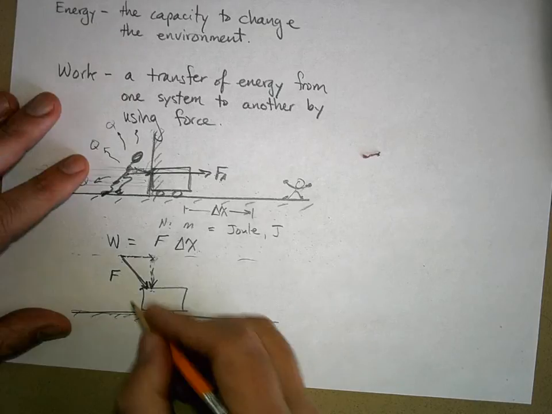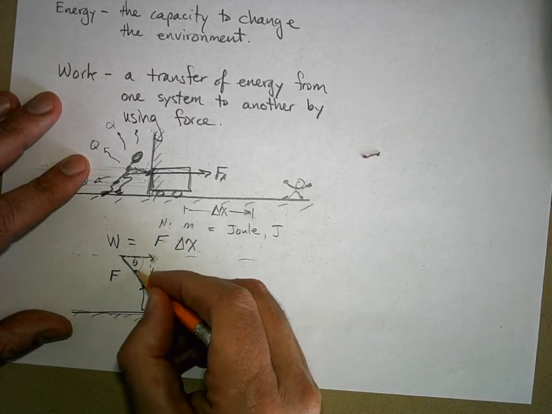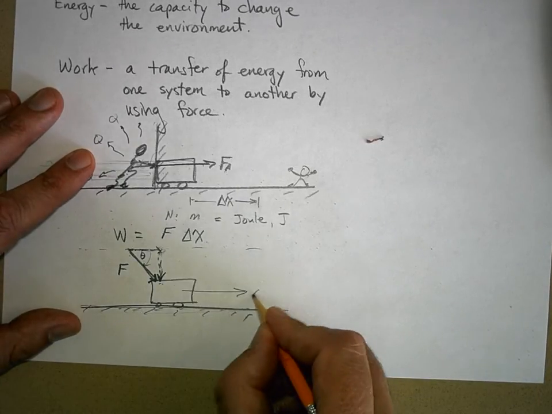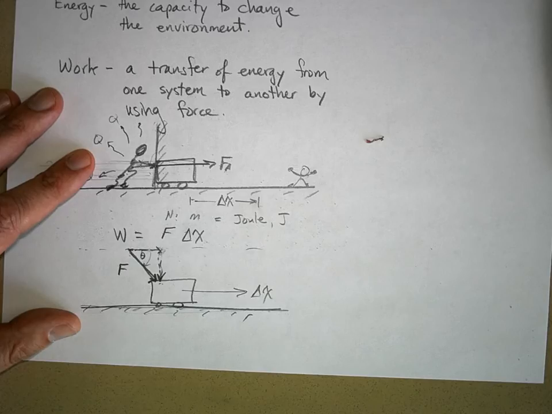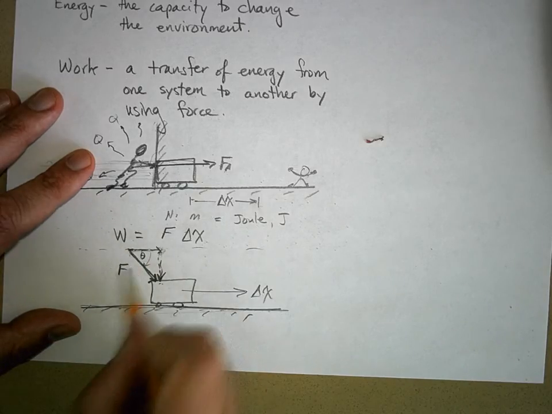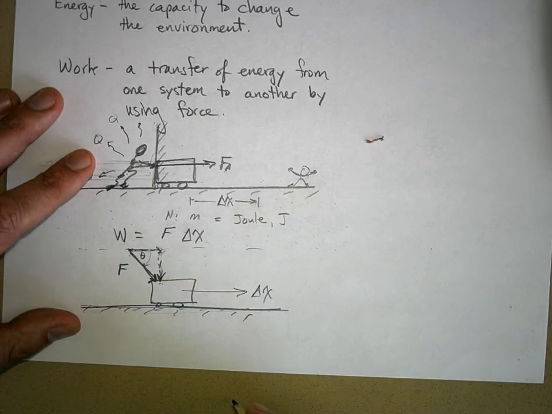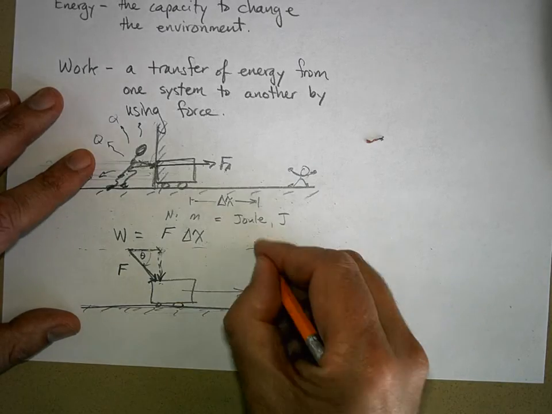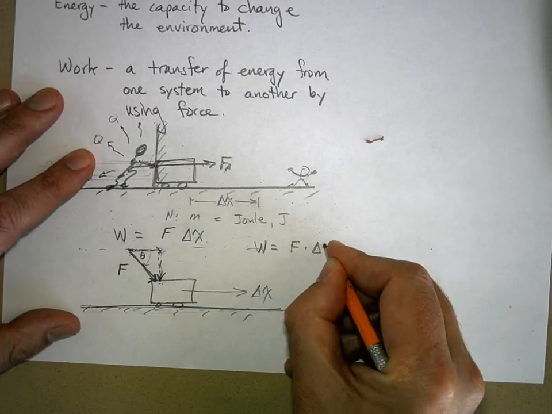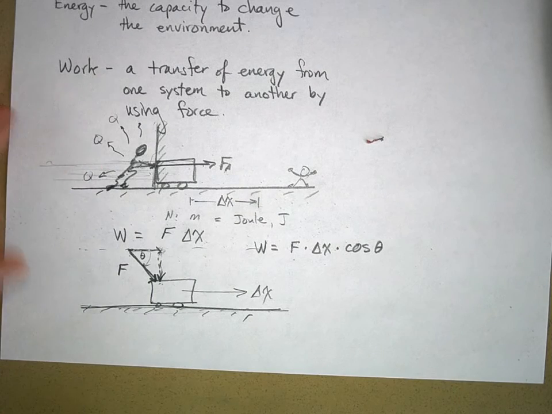So if theta is the angle between my force and the direction of my displacement, I want the horizontal component, that's cosine. So here's the regular physics definition of work. Work equals force times displacement times the cosine of the angle between the force and the displacement.